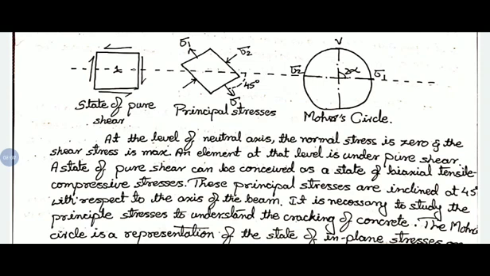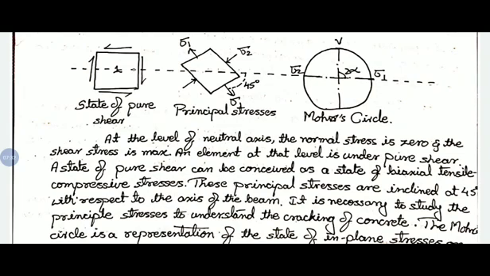The Mohr's circle is the representation of the state of in-plane stresses on surfaces of various inclinations passing through a point. In this circle you can clearly understand the horizontal and vertical axes represent normal and shear stresses respectively. The horizontal axis shows sigma 1 and sigma 2, the principal or normal stresses, and the vertical axis represents shear stresses.